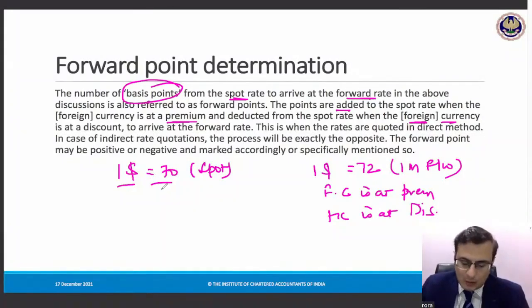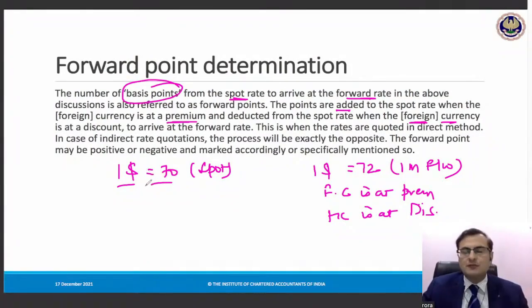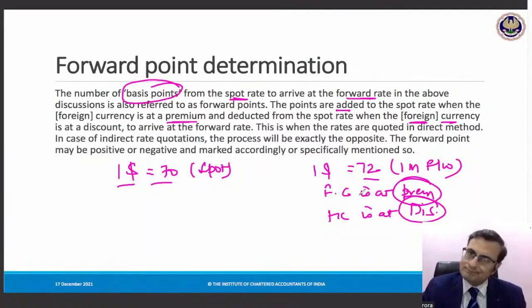If I buy a dollar today, I will have to pay 70 rupees from my pocket. If I take a forward for 1 month, I'll have to pay 72. It means the dollar is trading at a premium, whereas the home currency is trading at a discount. Clear? Simple? So if there is a premium, you simply add the points, and if it is at a discount, you just deduct them.